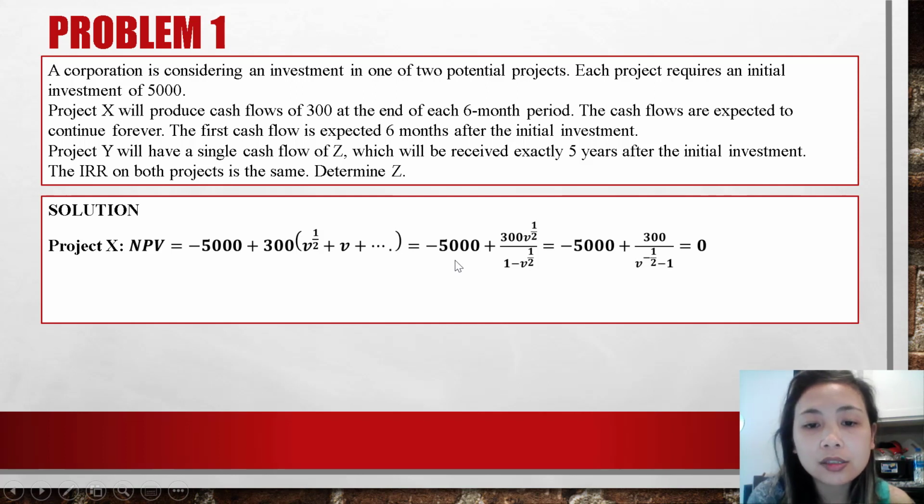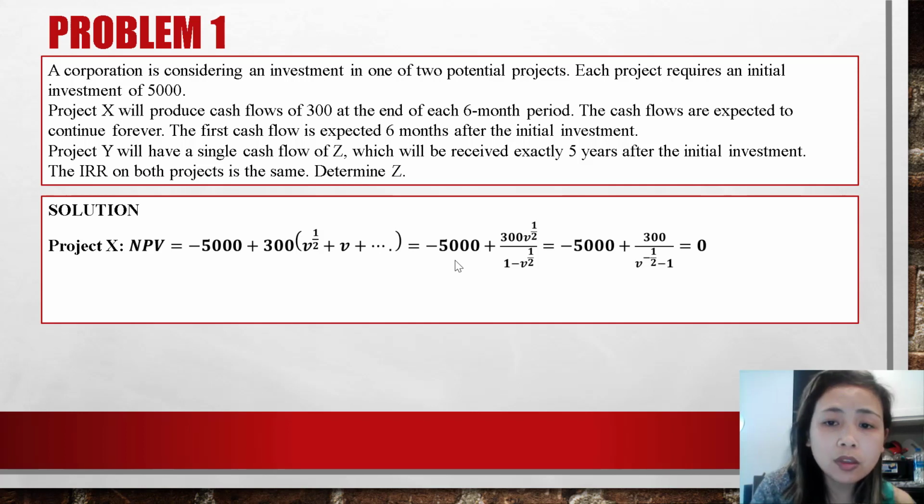We get minus 5,000 plus 300 times v^(1/2) over 1 minus v^(1/2). And then, in order to simplify the fraction, I divide both numerator and denominator by v^(1/2). So I get 300 over (v^(-1/2) minus 1).